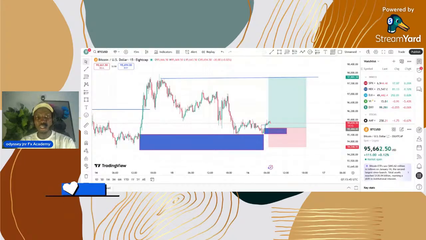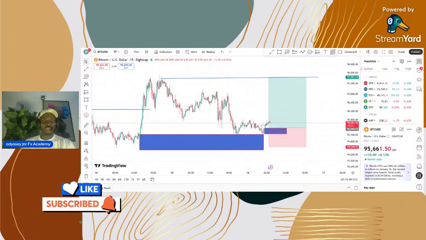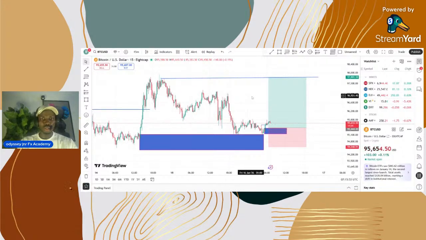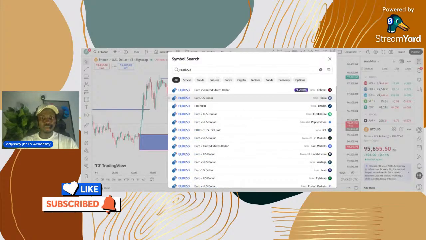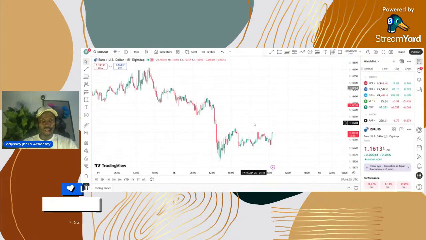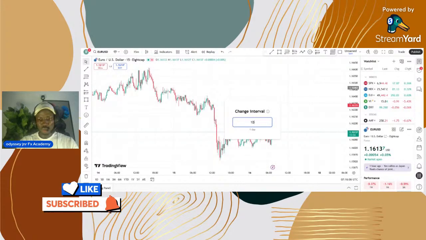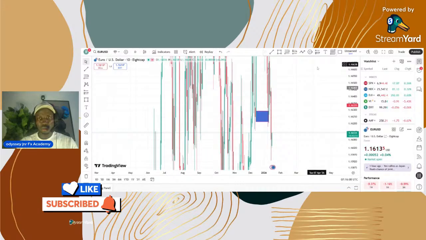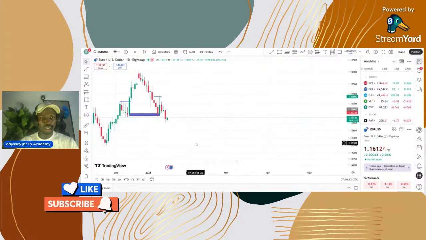So we have done GBP/USD. Let's do EUR/USD. I think that should be the last one we'll do. So EUR/USD, we go to the daily time frame.